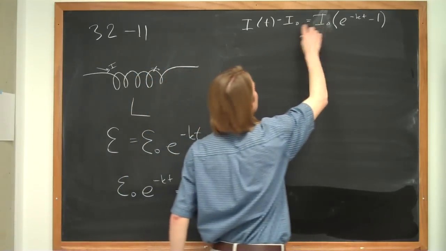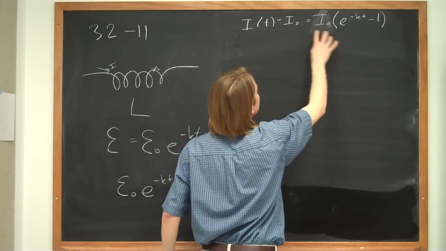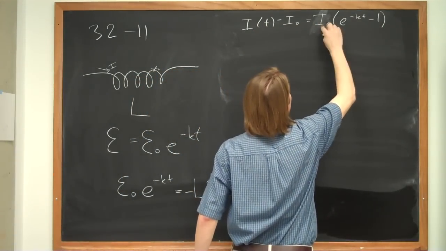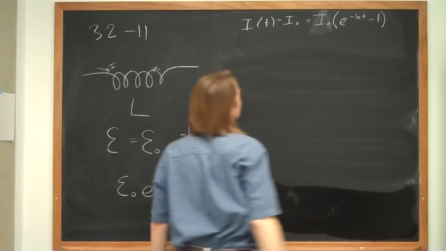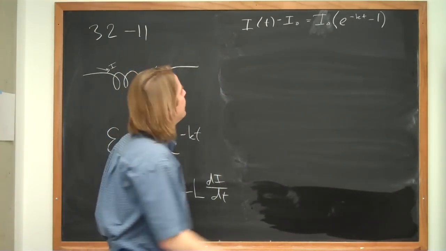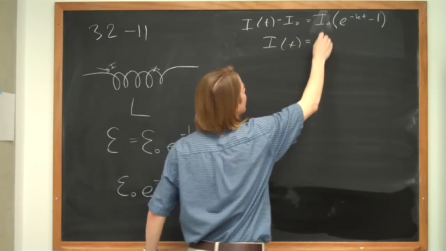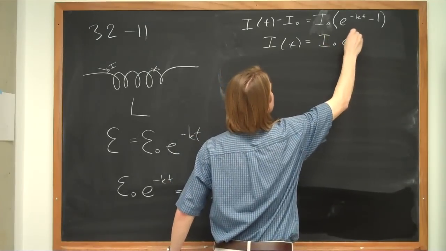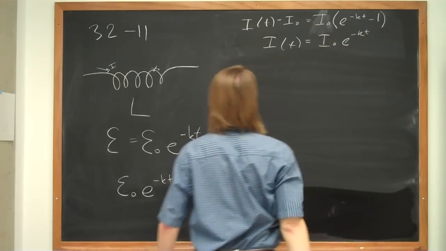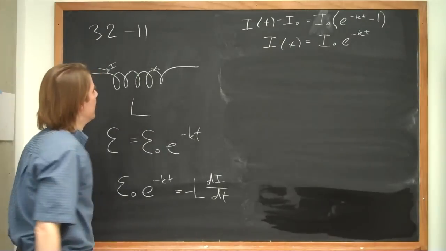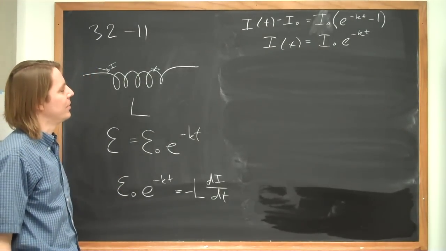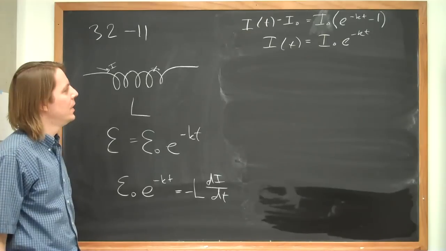You see that this is just something minus I naught, and this is something minus I naught. I naught times 1. So the two ones that are added in there go away. So we get the current as a function of time basically just goes through exponential decay, just like the potential, or the EMF as a function of time goes through exponential decay.